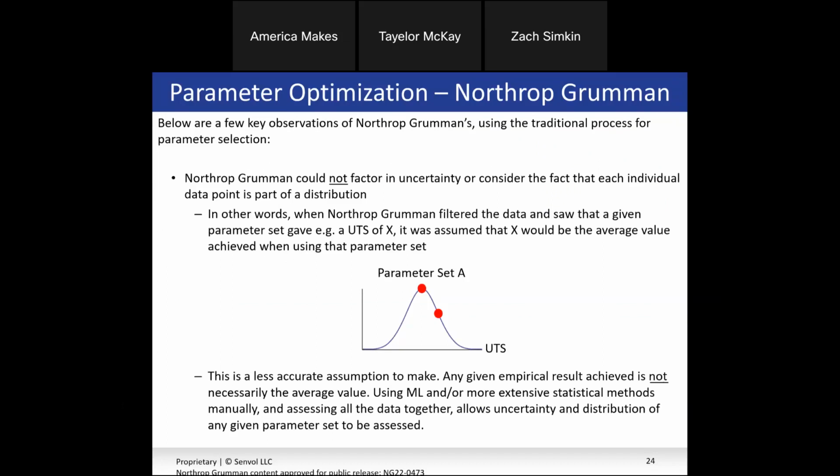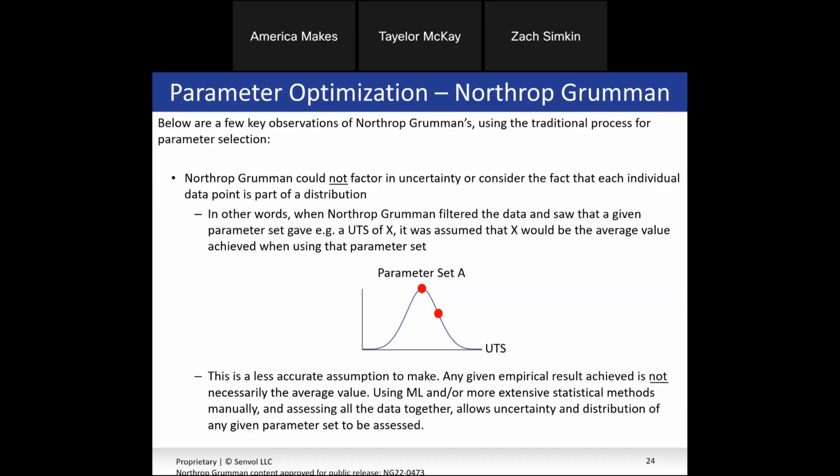Even if there were 2 or 3, no single data point is going to be the same every time. If you run the same parameter set on multiple coupons, you're not going to get the same result. So that uncertainty of where that data point fell within a band of the actual results isn't taken into account.